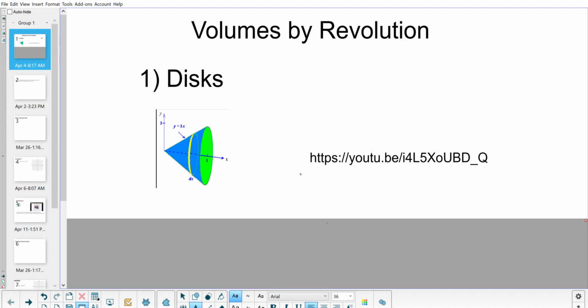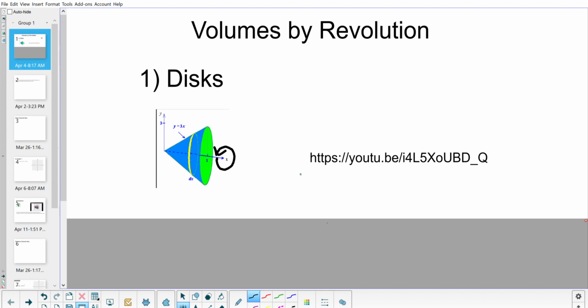In order to create a 3-dimensional object, we're going to take that line, and like here you can see they have rotated it around the x-axis, and it's created a cone, right? So we are going to find the volume of that cone.